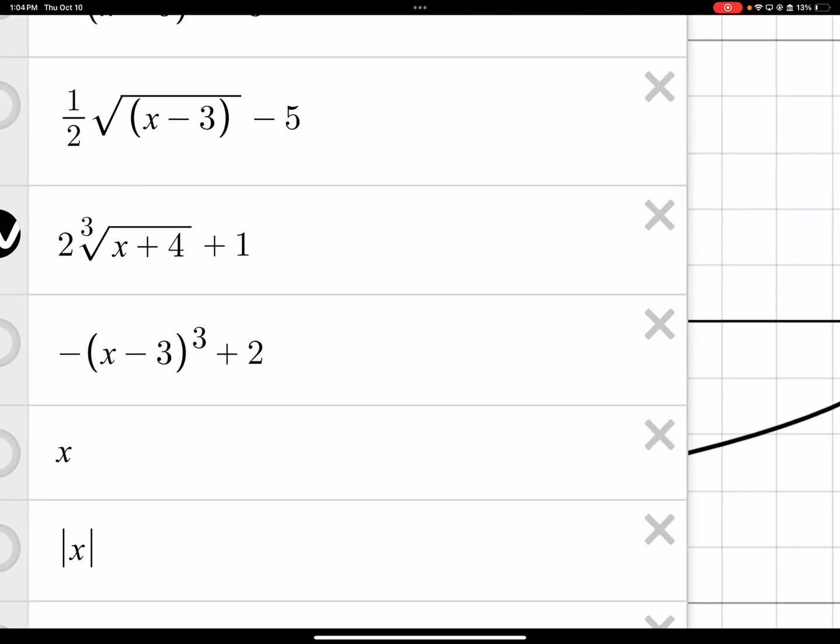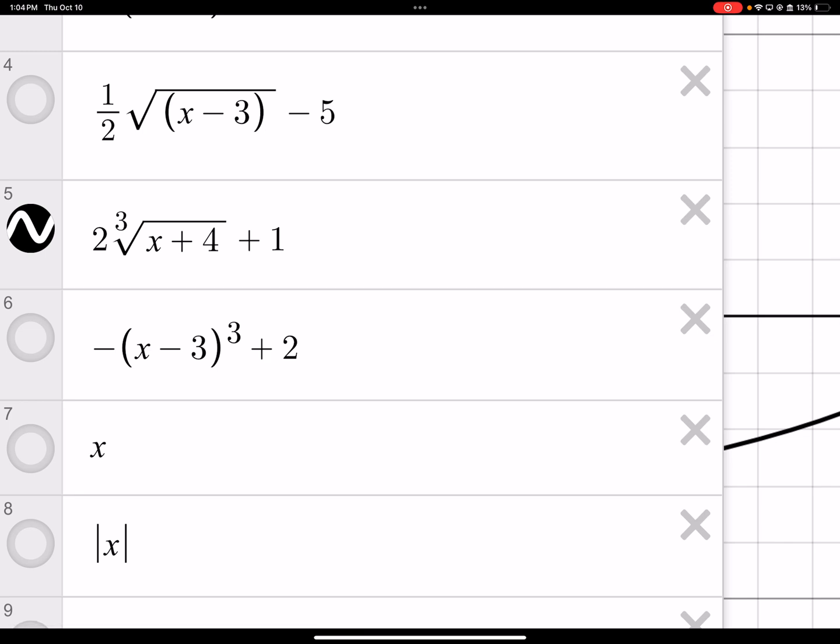Number 6, f of x is equal to the negative of x minus 3, cubed, plus 2. The type is cubic. So our parent function is f of x equals x cubed. Left or right? How many? 3.